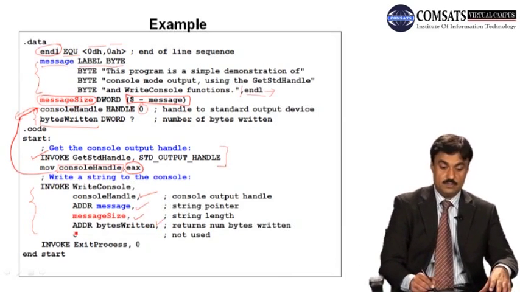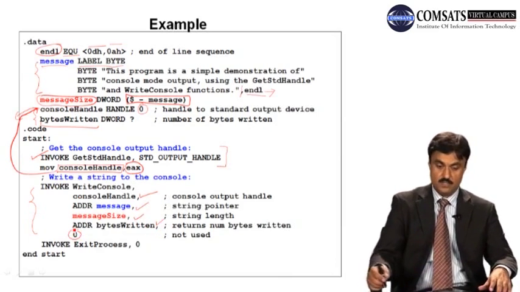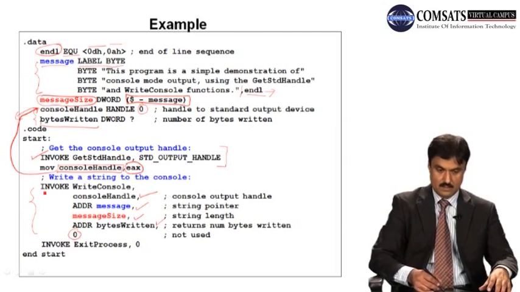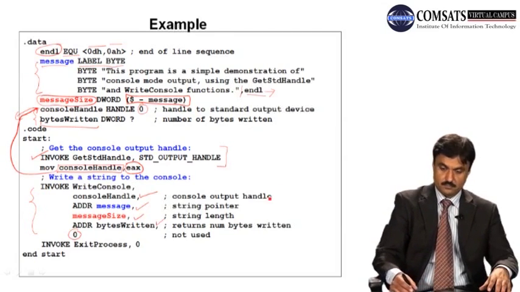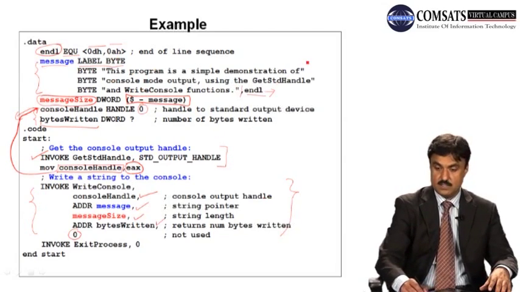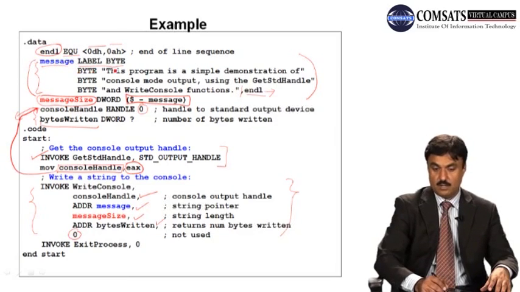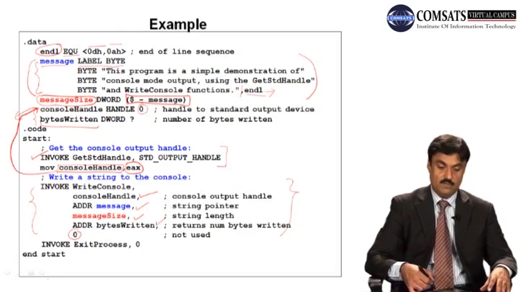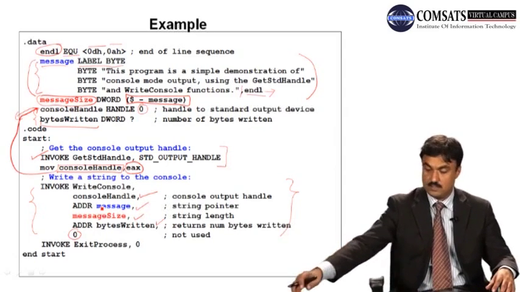This is unused, so we assign the value 0. So this whole function will print the message or the buffer at this area, these characters or the area which is assigned to the message variable. All these bytes. So we have to define the size, how many bytes we want to print.